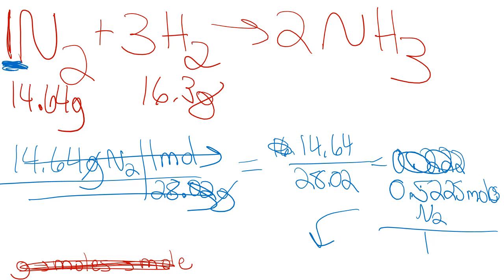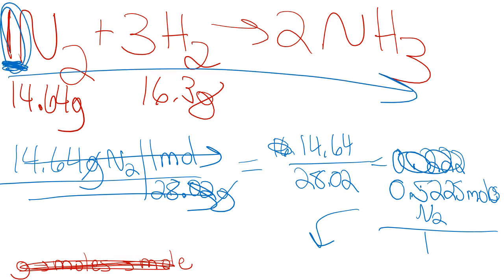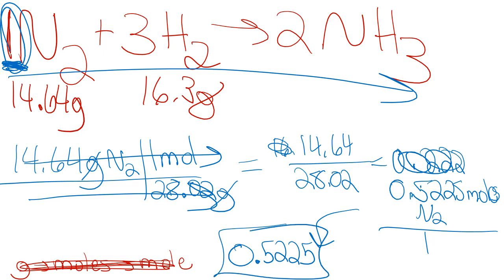That's just saying per one reaction, one nitrogen is used. Just like if we have two pieces of bread and one piece of cheese, per formation of a sandwich, two pieces of bread are used. So that ends up being 0.5225. And we have to find the lowest of the two numbers to determine the limiting reagent.